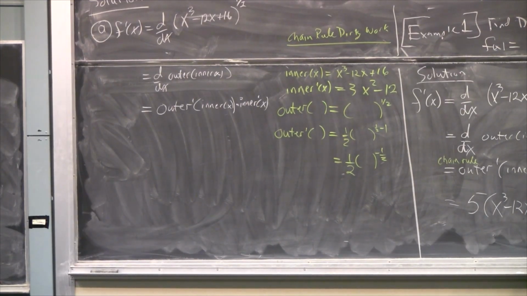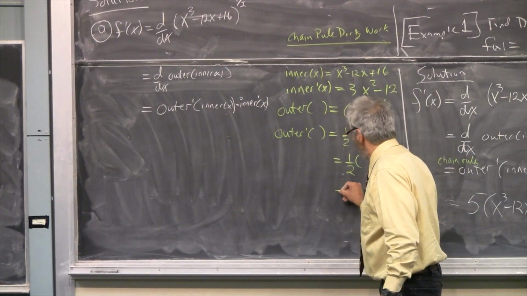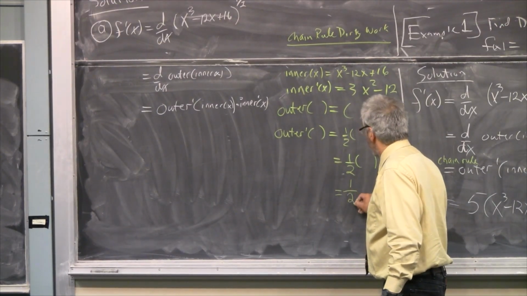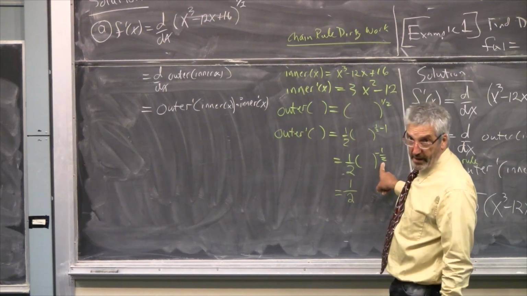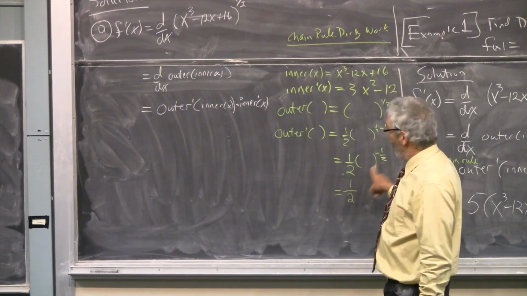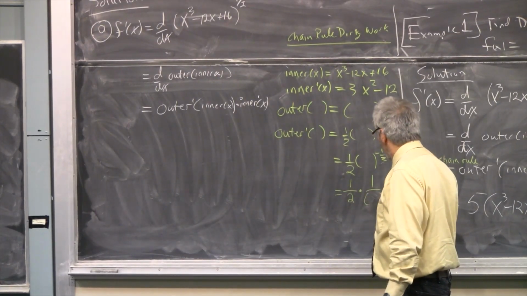Huh? 1/2 parentheses, wait, at least 1/2 square root. So just do baby steps. Just deal with the minus 1/2. 1/2 parentheses, no, just that. 1/2 times minus 1 over parentheses to 1/2.